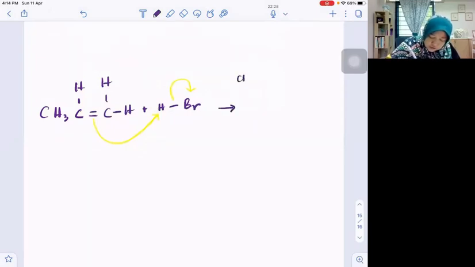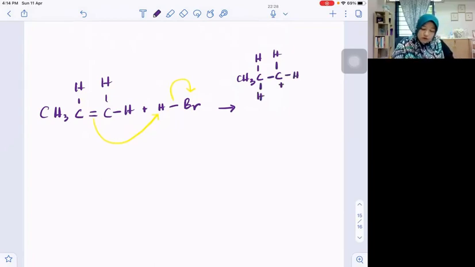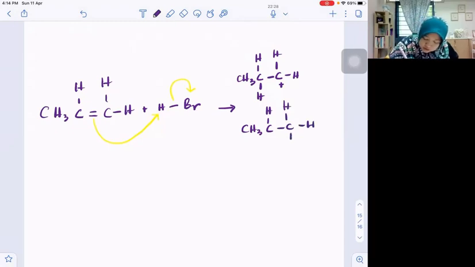Either it turns to CH3, CH, CH2, H attached to it, where this carbon becomes the carbocation, or this turns to CH3, CH, CH2, H, H. This is the initial structure, and the hydrogen is attached to this carbon, which makes the second carbon become the carbocation.